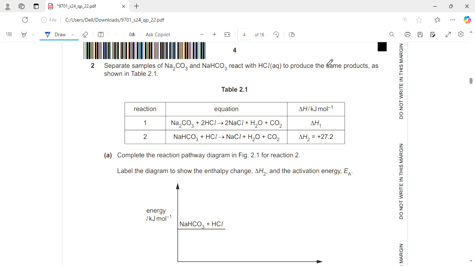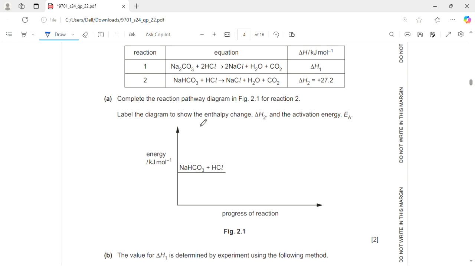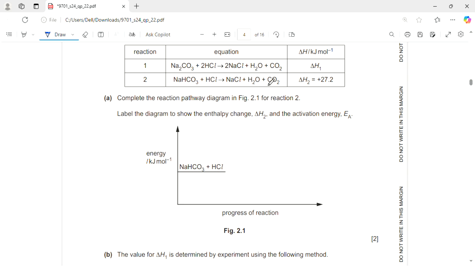This is reaction 1, here is the enthalpy change, and this is reaction 2. The enthalpy change is positive, so it is endothermic. Complete the reaction pathway diagram for reaction 2. Label delta H2 and the activation energy EA. So here we have the reactants.